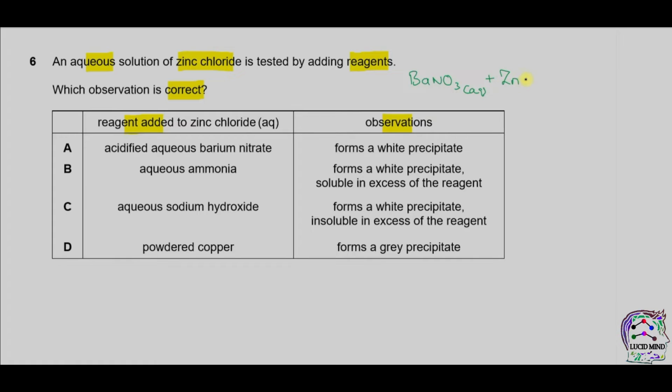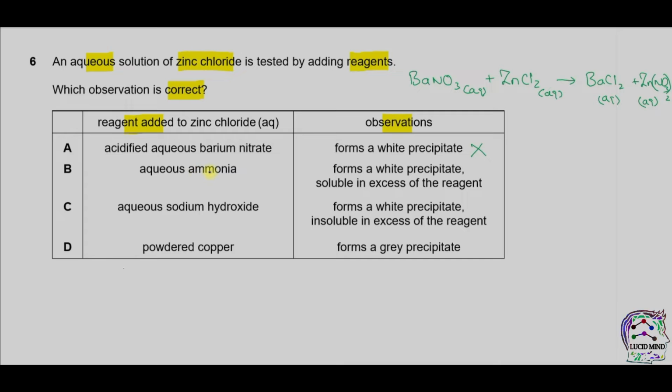It can react with zinc chloride, which is also aqueous, to form barium chloride and zinc nitrate. As both barium chloride and zinc nitrate are soluble, we cannot see a white precipitate. So option A is incorrect.